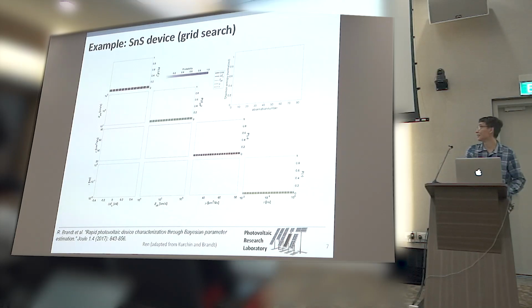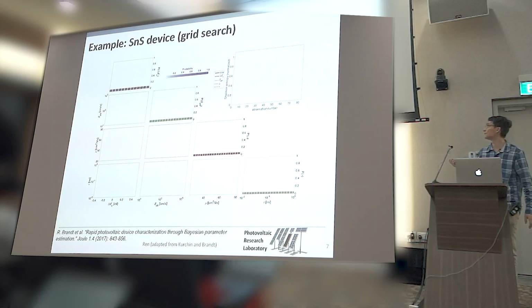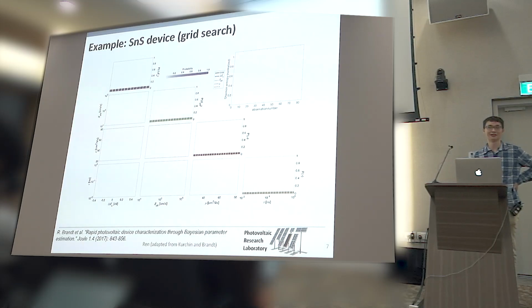What I want to show here is the complete graph of what we have done for a tin sulfide solar cell device. It's basically the same as our Jupyter notebook example. The only difference is that we replace the ideal diode model with a numerical SCAPS 1D model, which solves continuity equations, like diffusion equations. It's more complex, but the logic is the same.